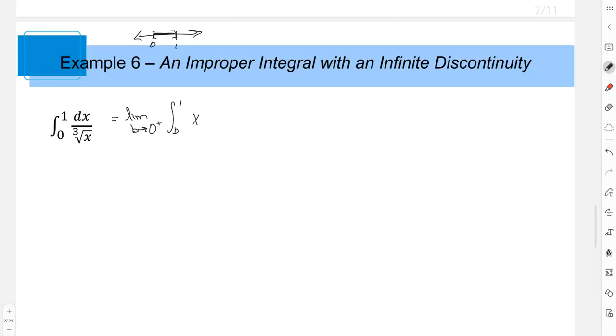I can rewrite this as x to the negative 1/3. So when I integrate that, I'm going to add 1 to the exponent and divide by the new exponent. When I divide by 2/3, it's the same thing as multiplying by 3/2. And that's evaluated from b to 1.